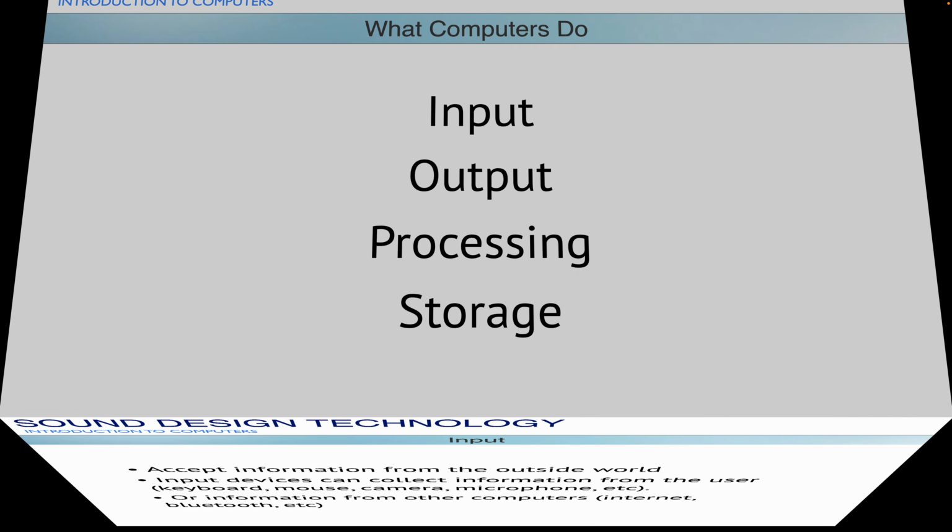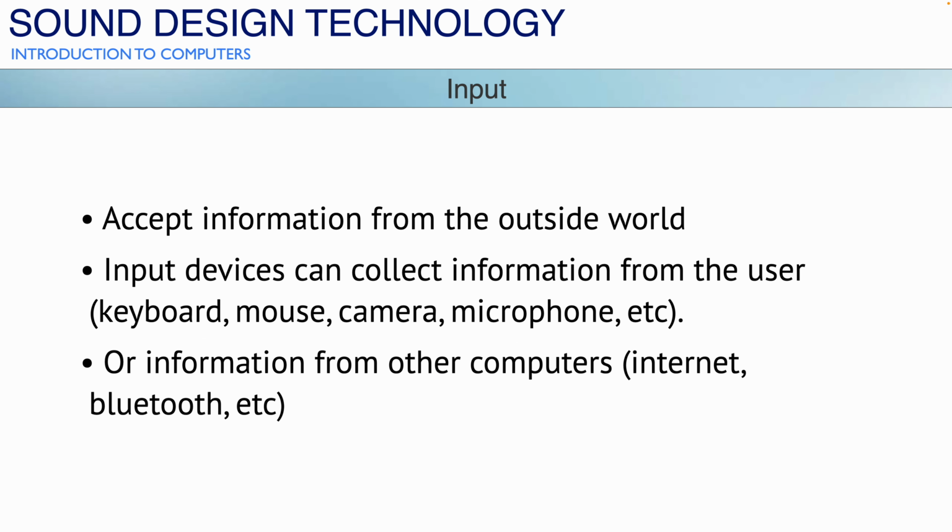Okay? So let's start by talking about input. Input is when a computer accepts information from the outside world. It can collect that information from other computers, or it can collect information from you, the user.